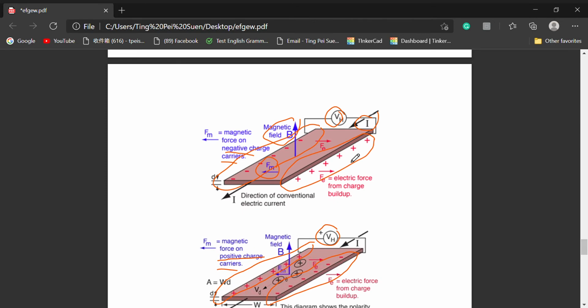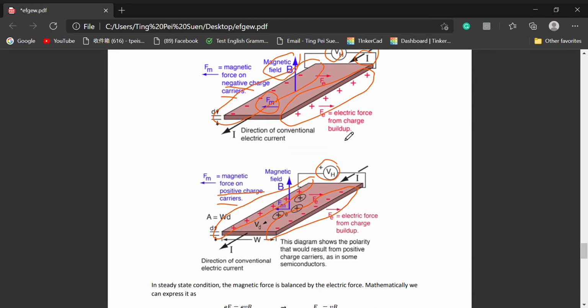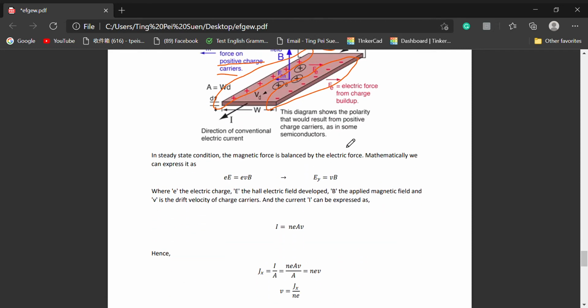But the Hall voltage induced by the negative charge carrier is given a negative sign, while the Hall voltage induced by the positive charge carrier is given a positive sign. This is how we define the type of the semiconductor.